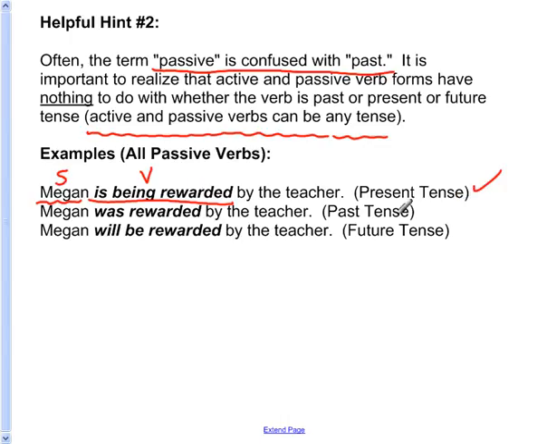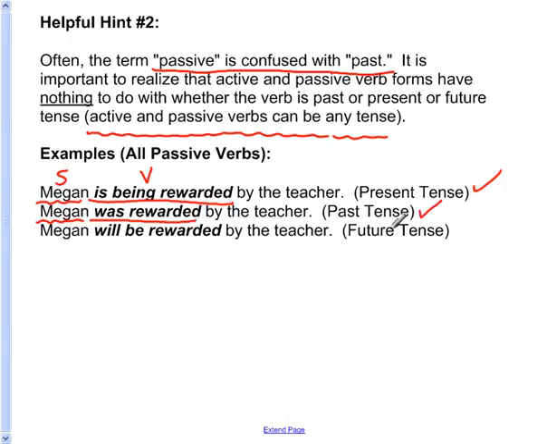The second example is a passive verb in the past tense. Megan was rewarded by the teacher. Was rewarded is the main verb. Megan is the subject. Megan is not doing the rewarding. So again, was rewarded is a passive verb, and it's a passive verb in the past tense.